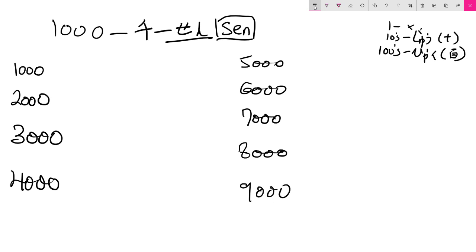Okay, so just like 100, right? We don't say ichihyaku. In Japanese, we just say hyaku. And in Japanese, we don't say 1,000 with an ichi. We don't say isen.